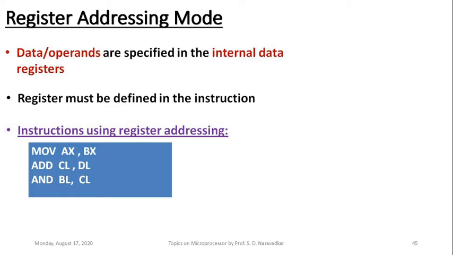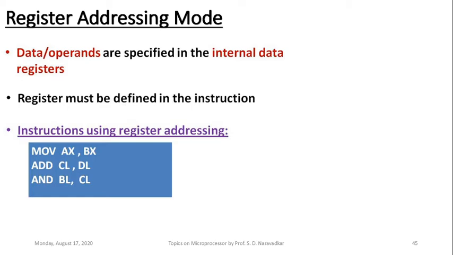Second example, ADD CL, DL. What to be added? 2 8-bit contents. Where these 8-bit contents are defined, one is in CL register, another is in DL register. And once that operation is performed, the ultimate sum is copied to CL register.